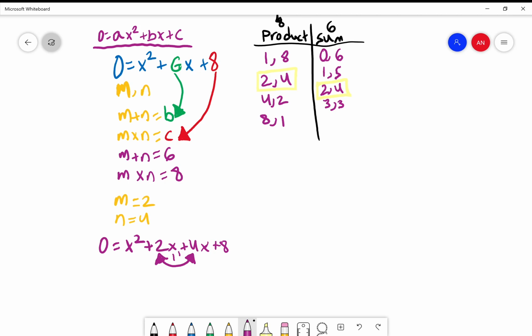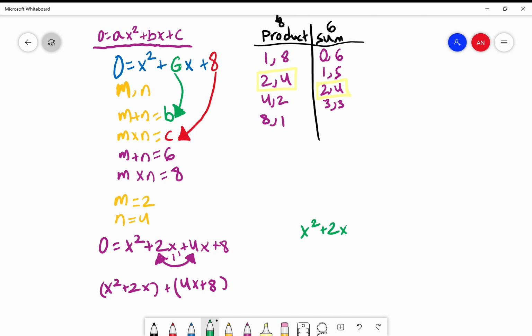Okay, so then we now have two expressions, x squared plus 2x, and then we're adding that to another, 4x plus 8. Okay, now we have to factor these. x squared plus 2x. What is the common factor in both of these?